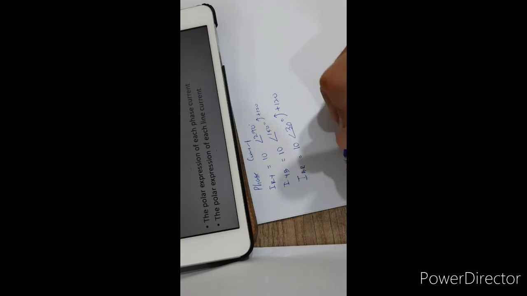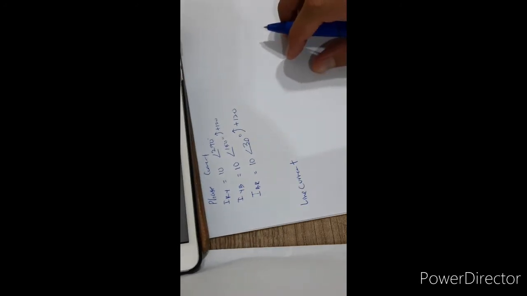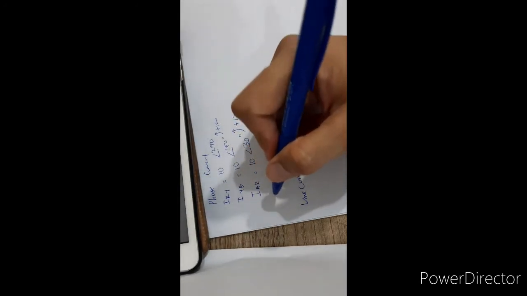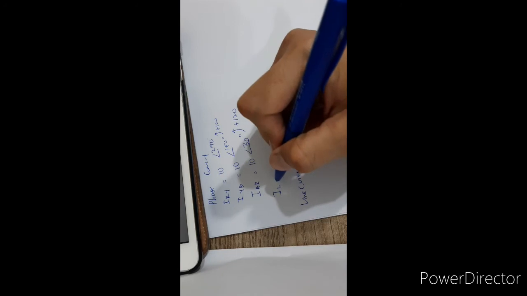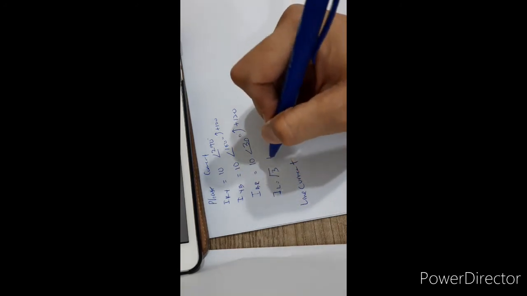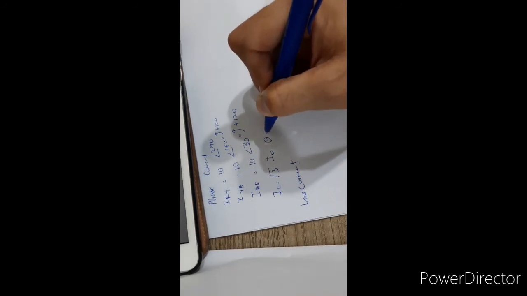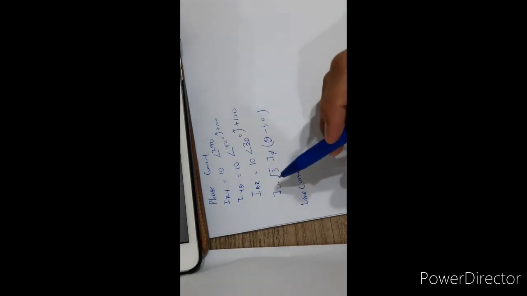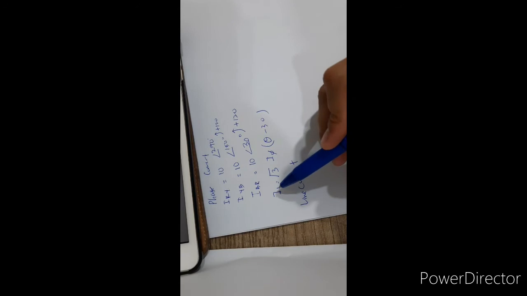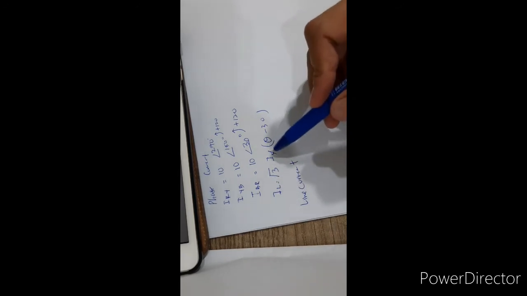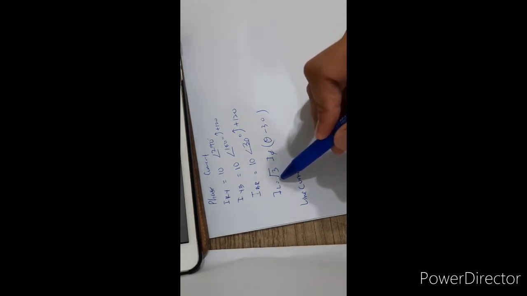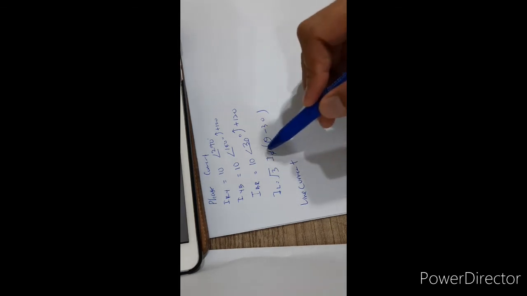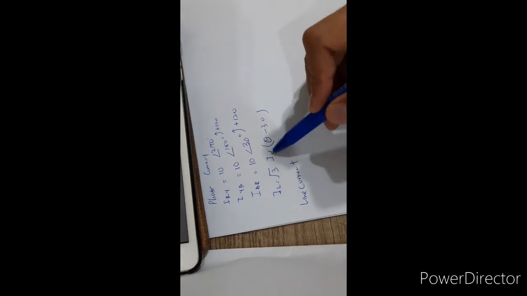Okay, so the next question: the polar expression for each line current. We know the relationship between phase and line current: I line equals square root of 3 I phase, angle theta minus 30 degree. Meaning the line current is square root of 3 higher than I phase in magnitude.